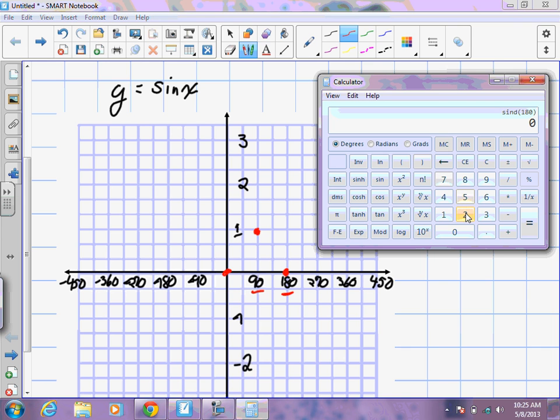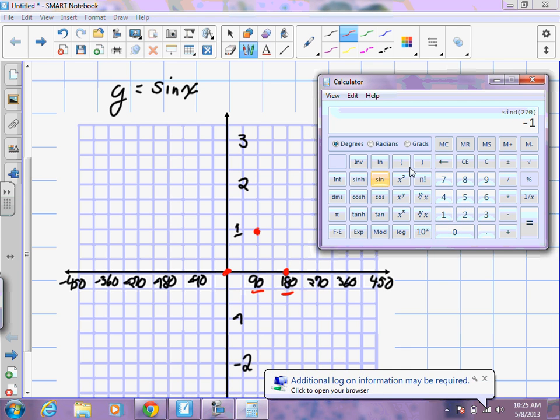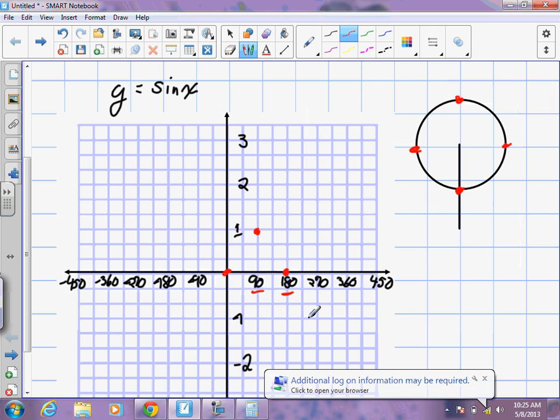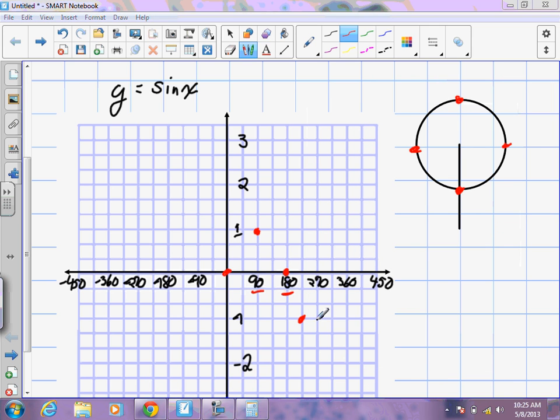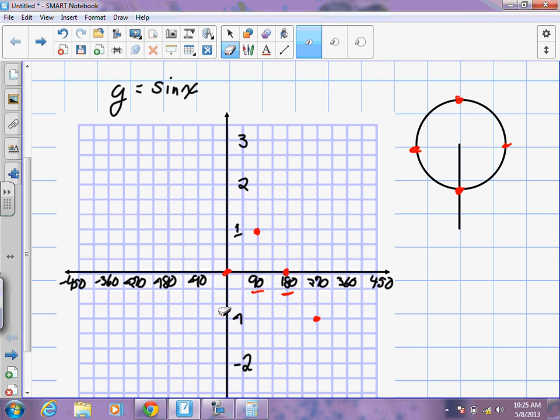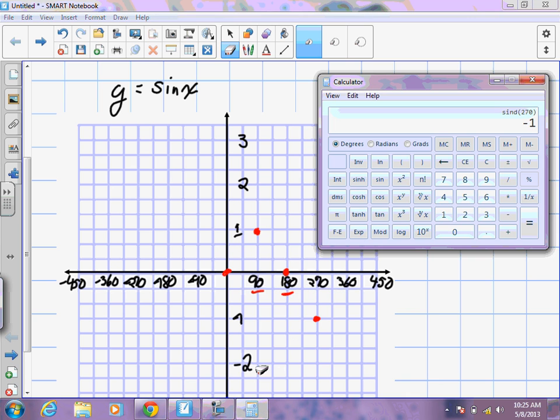When we plug in 270 sine, we get negative 1. So this is where we're going back below. Okay, so we're going back below. Our y value is negative 1. And then at 360, who wants to estimate where they think it will be? 0. Yeah, that's right. 360 degrees, sine is 0.